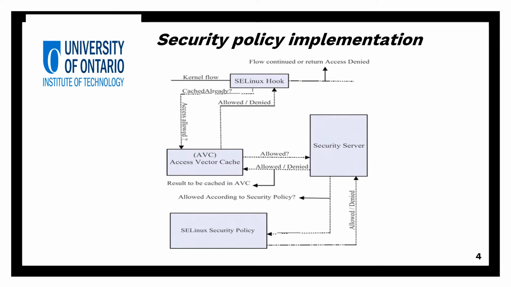The security policy defines types when they are associated with files, and we call them domains when they are associated with a process. The SELinux security policy is a system-wide policy which contains all the rules, for example, what domains can access what types.